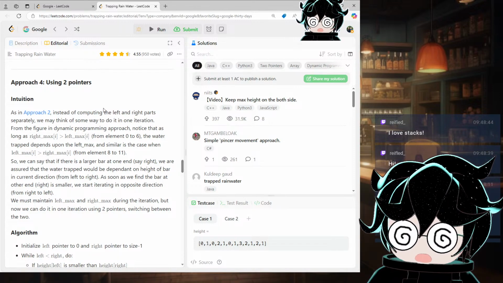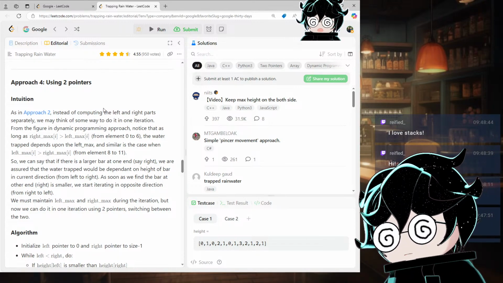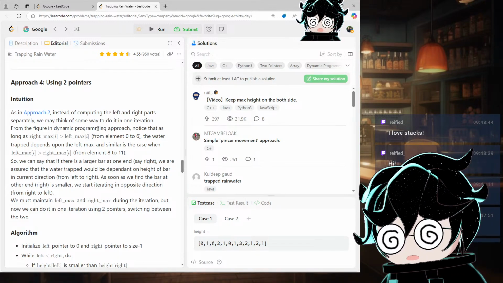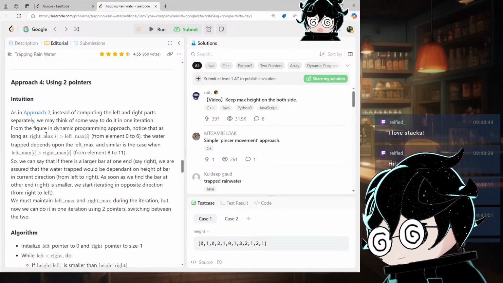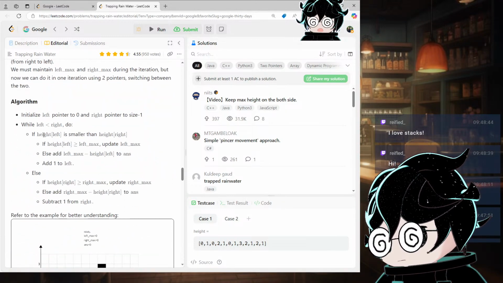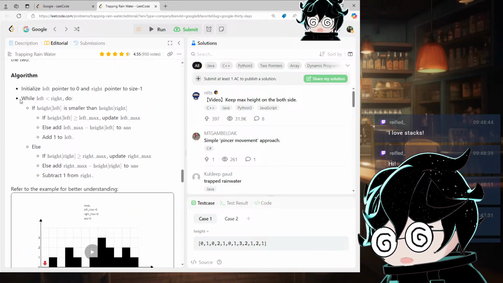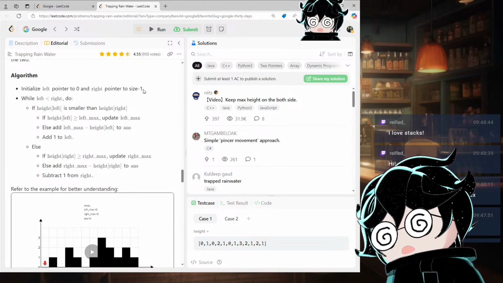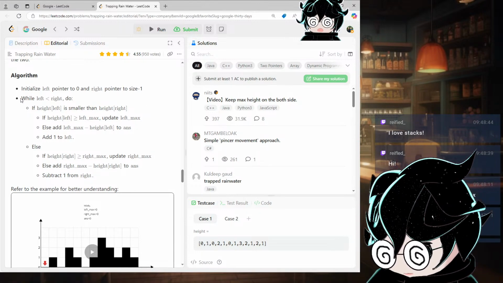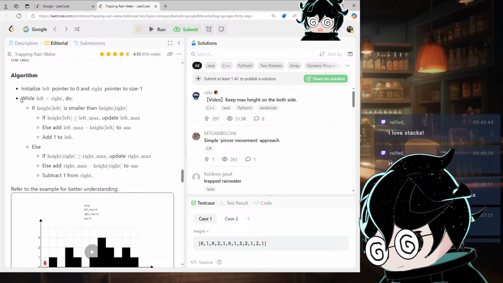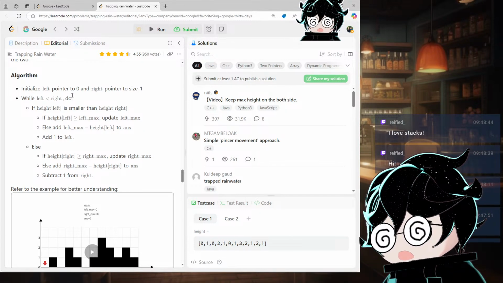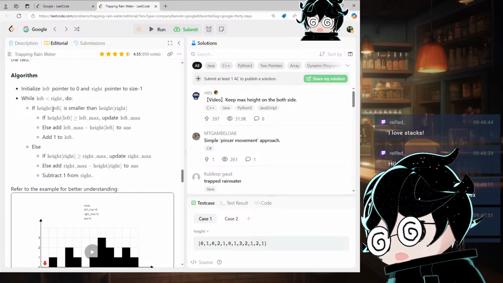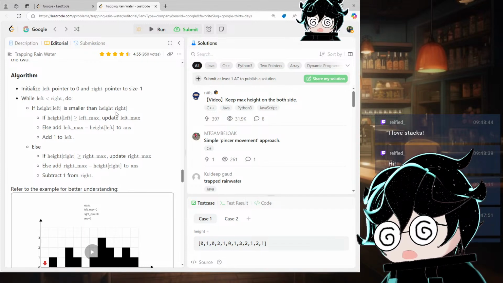Instead of computing the left and right parts separately, we may think of some way to do it in one iteration. Okay, algorithm. Initialize left pointer to 0 and right pointer to size minus 1. While left is less than the right, do: if height left is smaller than height right, okay.